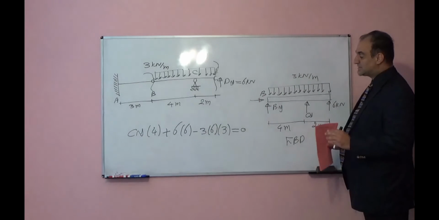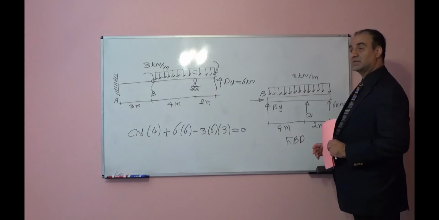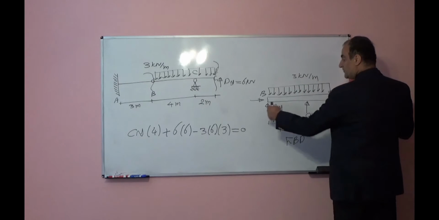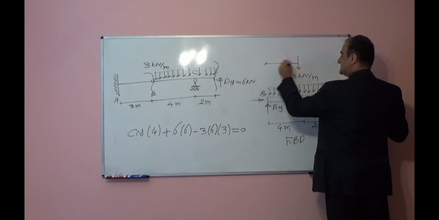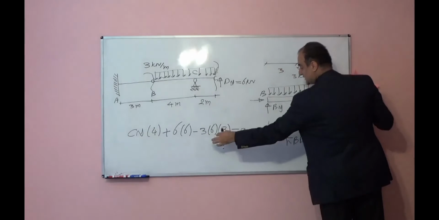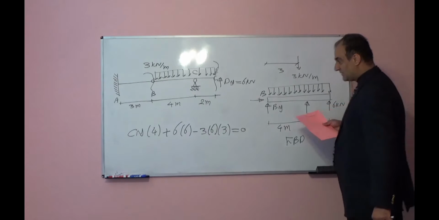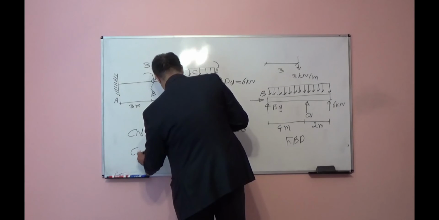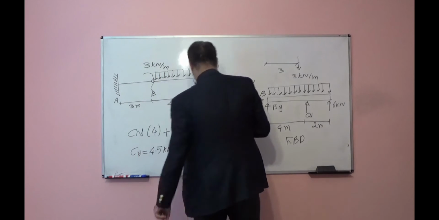It will be resultant force, so 3 times 6 times the resultant force location, it is at centroid of the rectangle, up to point B, because entire this it is 6, this will be 3. 3 times 6 times 3 is equal to 0. From here you can find Cy is equal to 4.5 kilonewton.